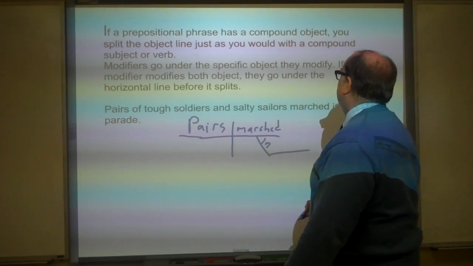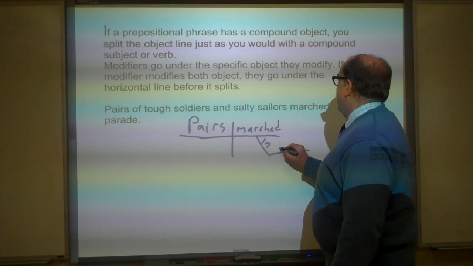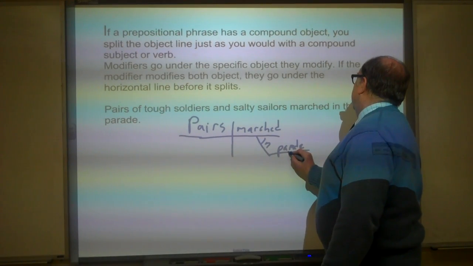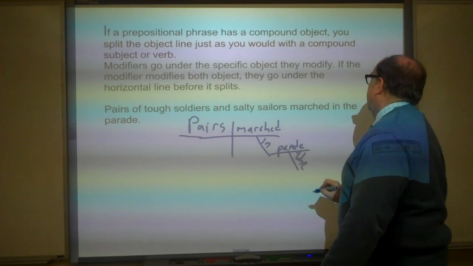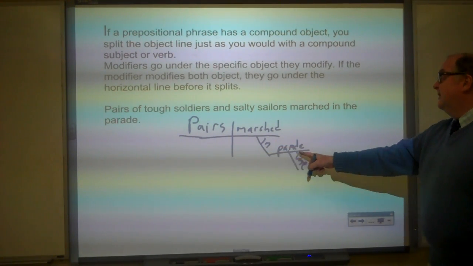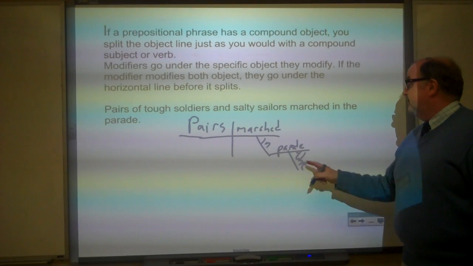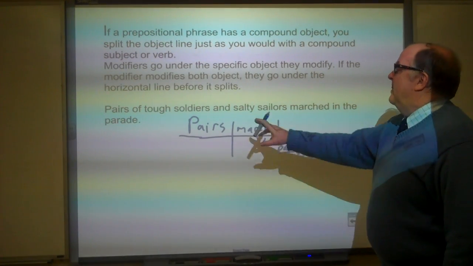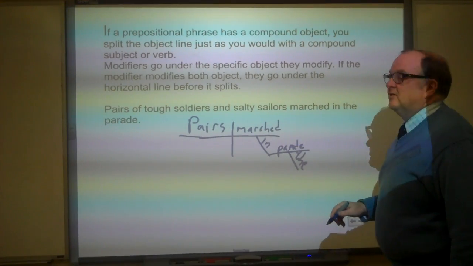In the parade tells us where, modifies marched. So in, the preposition on the diagonal, object parade on the horizontal, the on a diagonal under the object, modifying parade, and then tough soldiers and salty sailors.